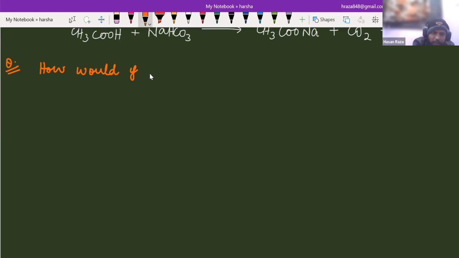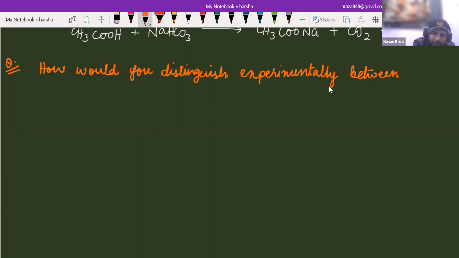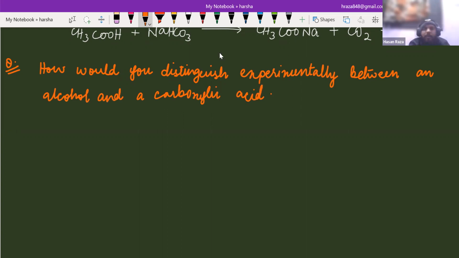How would you distinguish experimentally between an alcohol and a carboxylic acid? Let me know if you are able to solve it or not.